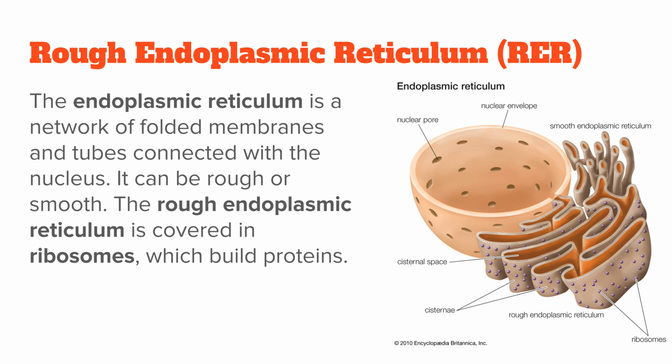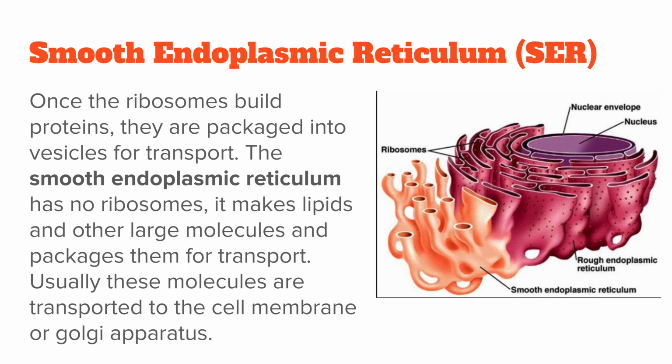The difference is that the rough ER typically is making proteins that are going to have to be packaged and sent off somewhere else. The smooth ER is connected to the rough ER, and the dividing point between the two of them can be a little bit blurry, but in general we say that the rough ER has ribosomes and the smooth ER does not.